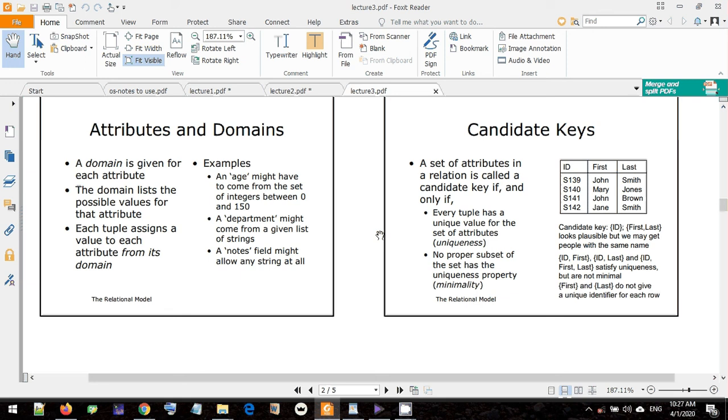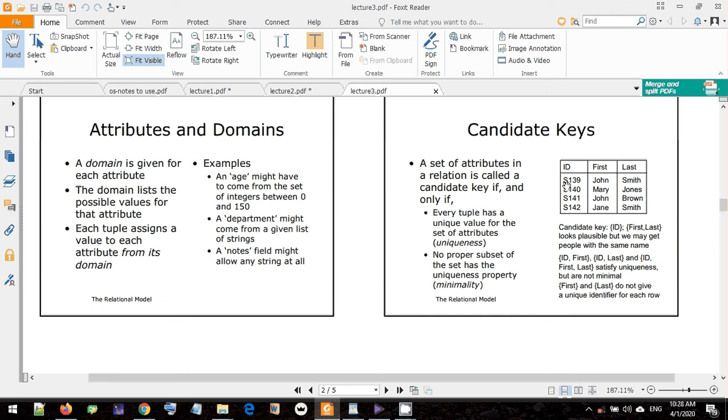The property of uniqueness, meaning every tuple is going to have a value that only it is going to have throughout that entire relation. This next condition is that no proper subset of the set has the uniqueness property. That's the property of minimality.